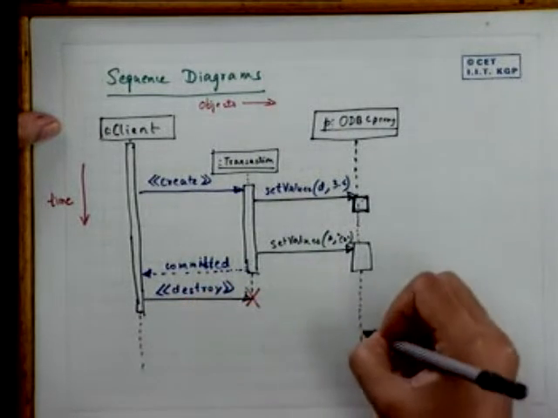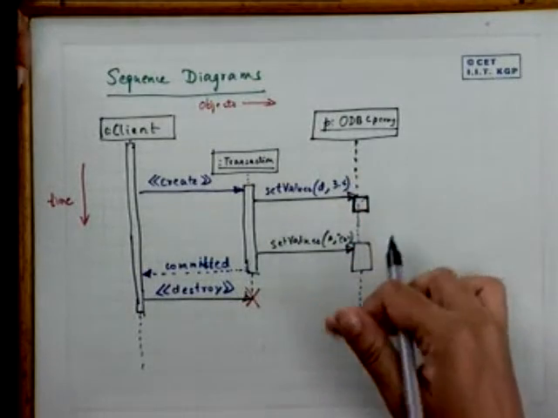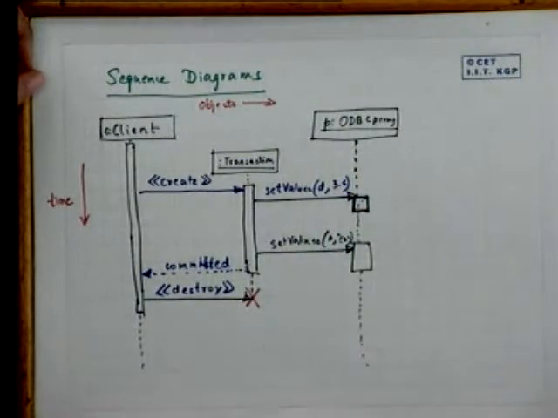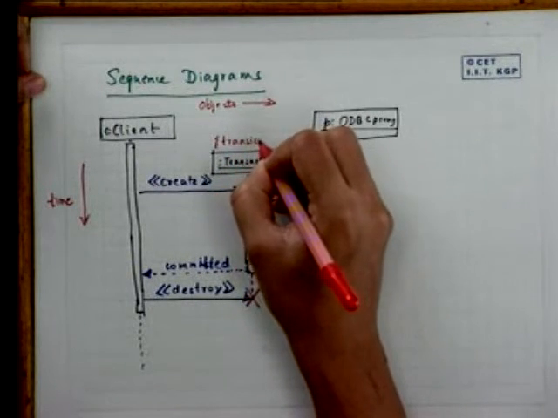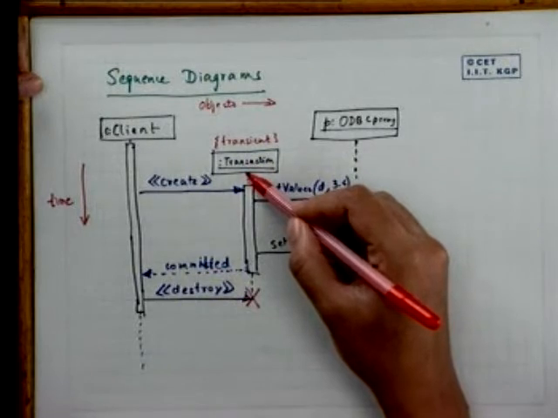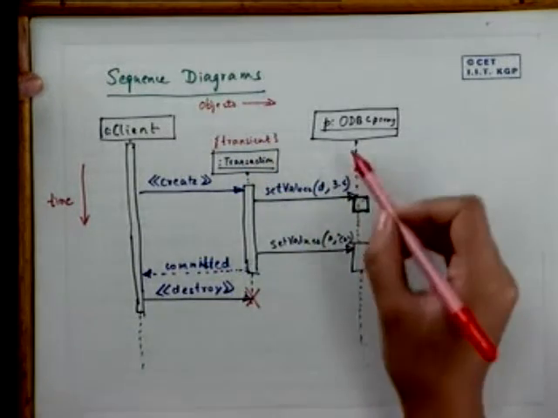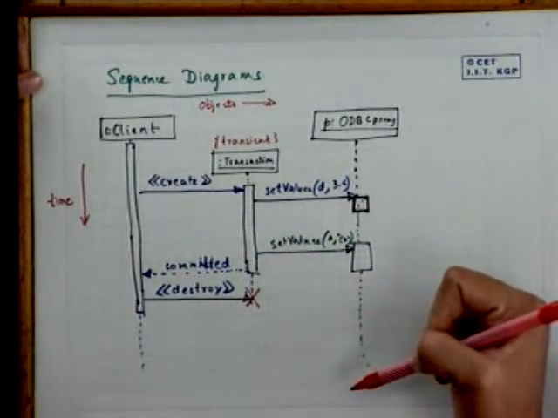And the client and ODBC proxy, which are persistent objects in the system, continue to be there, whereas the transaction object, which is a transient object, its lifetime varies from here to this point, whereas the ODBC proxy and the client, their lifetime continues further.